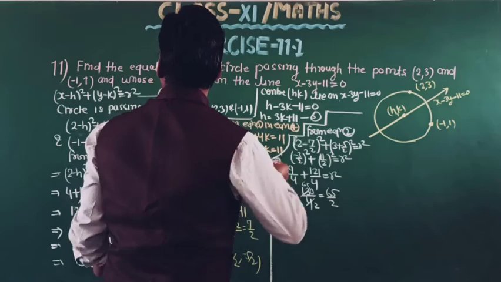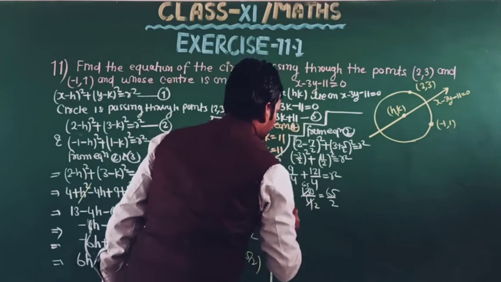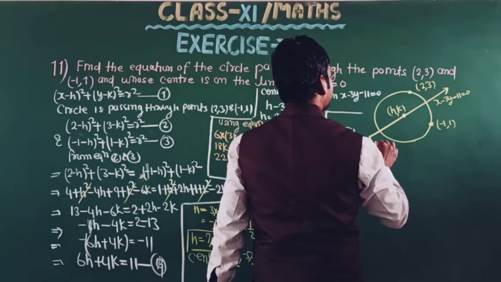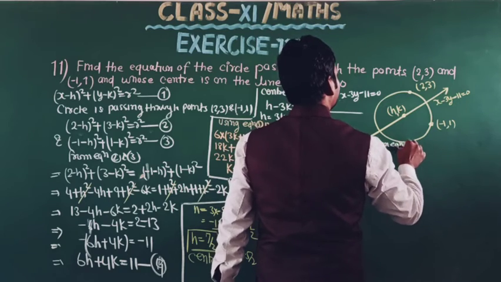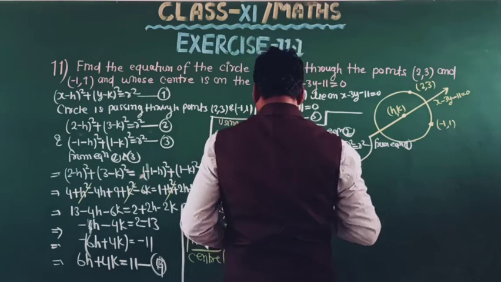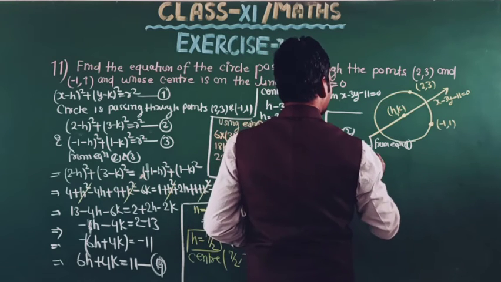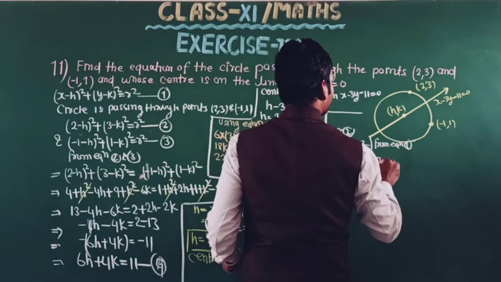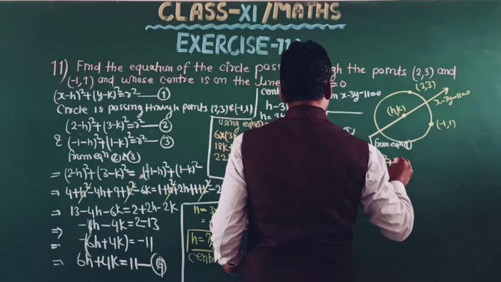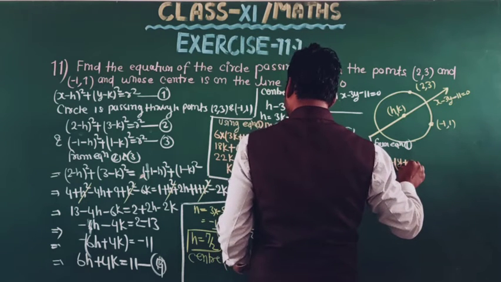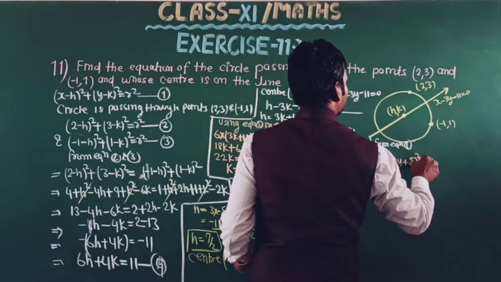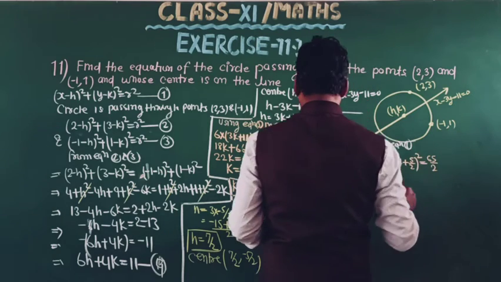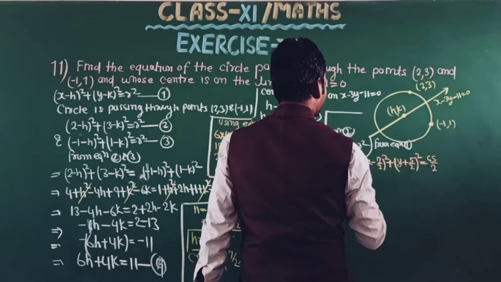So equation 1 becomes (x minus 7 by 2) whole square plus (y plus 5 by 2) whole square equals the radius r square, 65 by 2. Now simplify.